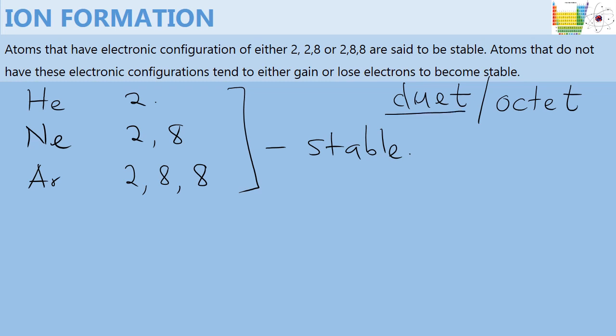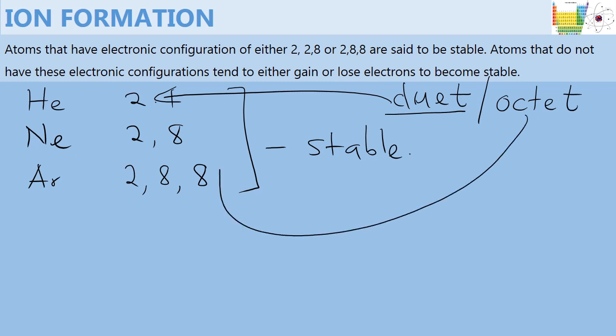Now, duet configuration is for helium because it has 2 electrons in its energy shell, and octet configuration is for both neon and argon because they have 8 electrons in their outermost energy shells.